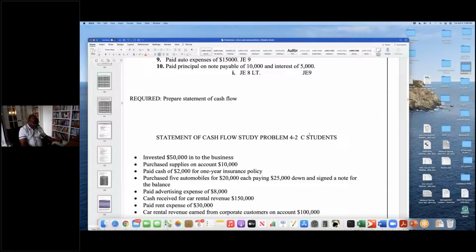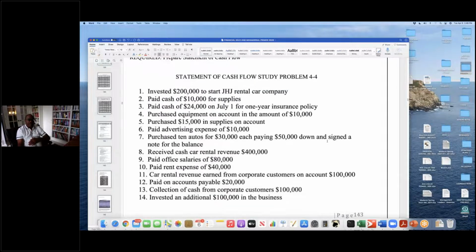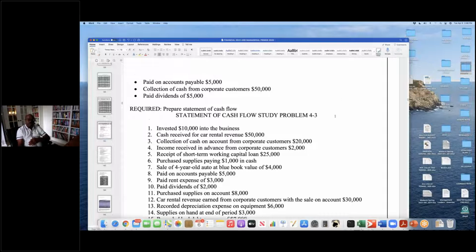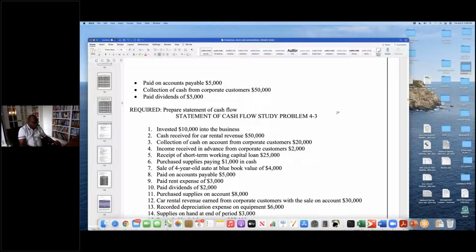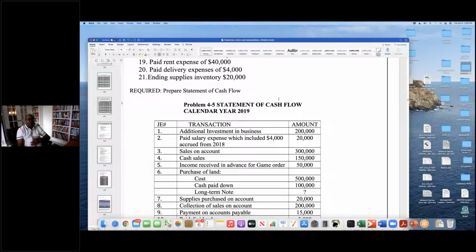I don't know, depending on how much fussing you're doing today. Okay, so here's the C student problem. Here is the B student problem. I'll make sure I put this in. Just do next class. Of course. Semester coming to an end. And here's the A student's problem.